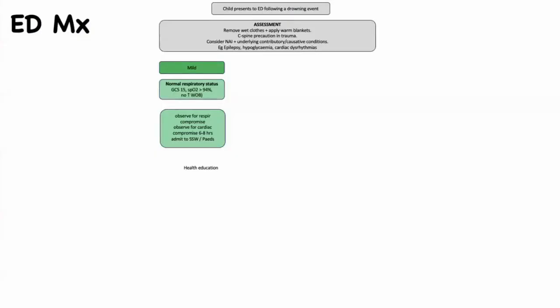So what do we do when the patient hits the door? Well, if it's a rescue, those patients that are absolutely asymptomatic, with no coughing, no symptoms whatsoever, can probably be monitored in the ED for 4 to 6 hours and discharged home if there's no problems. If the patient has mild symptoms, they very well might be coughing, but their SATs are okay and they don't have any increased work of breathing.